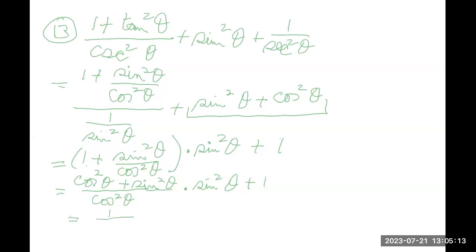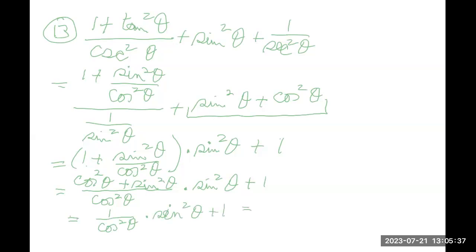So 1 over cosine squared theta times sine squared theta. And then we have a plus 1.